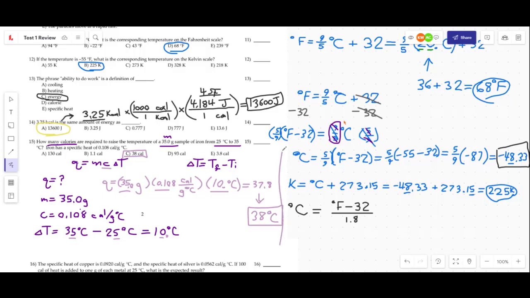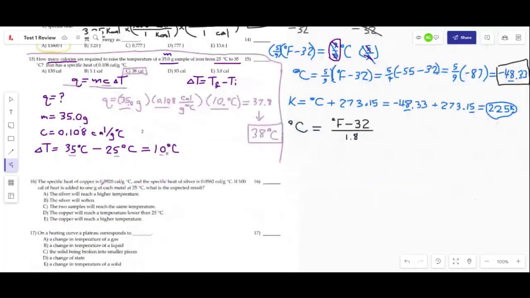I said the cool thing about this is if it was asking you to solve for the specific heat, you could just divide both sides of this equation by the mass and the change in temperature, and that would get specific heat by itself. So whatever you have to solve for, you just get that variable by itself.